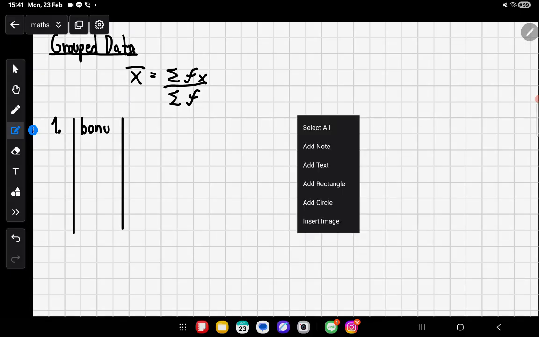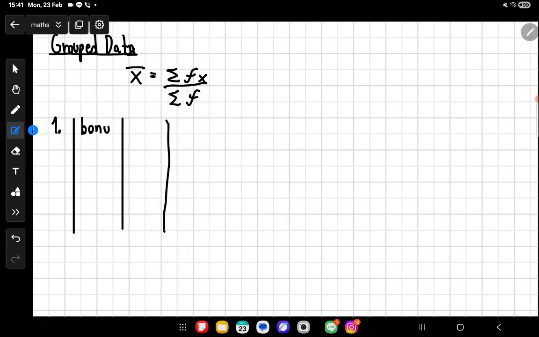Employee stands for employees. Now, remember that I am assuming you already know about grouped data.